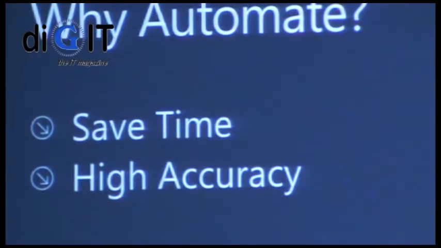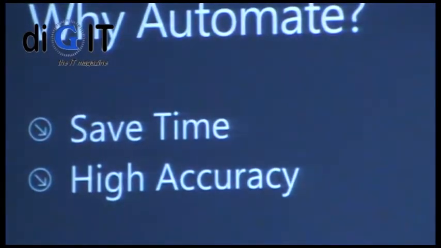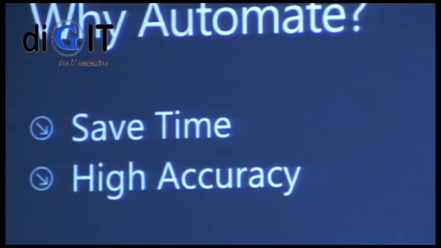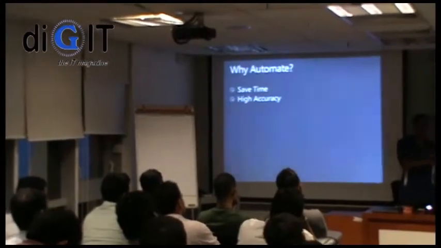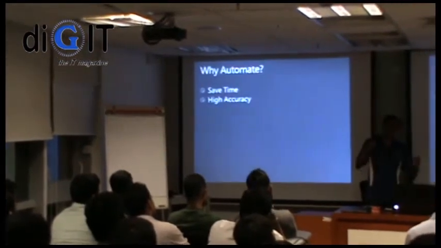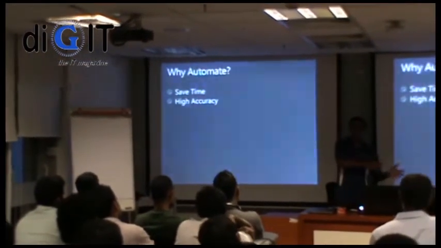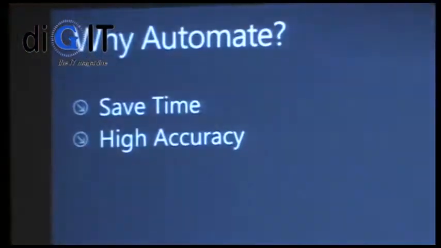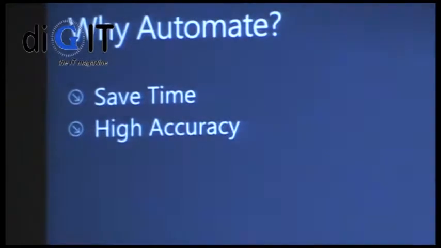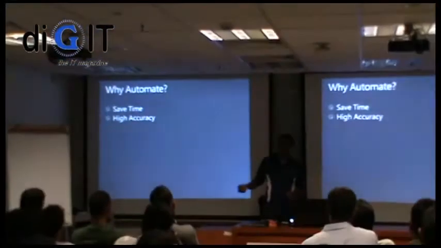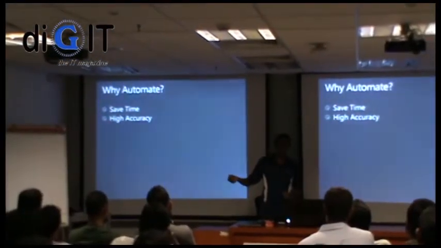So that's one aspect. Then accuracy. What I mean by accuracy is, once you create a certain set of procedures to automate things, it will not go on different paths. It will work in a single given way, so it's guaranteed that whatever you intend to do will happen. But when you are doing it manually, if you are not keeping a checklist, how many of you keep a checklist for a release or a deployment?